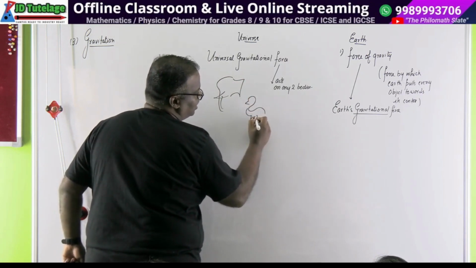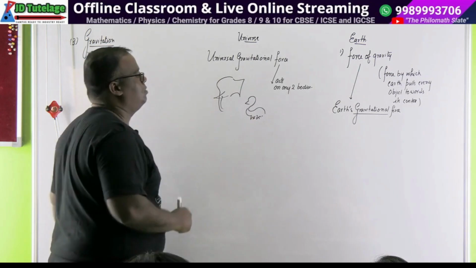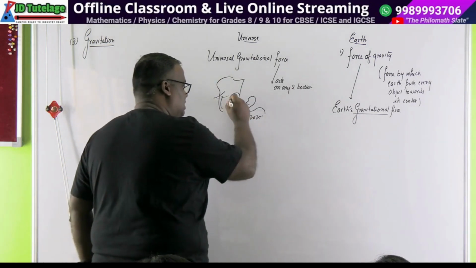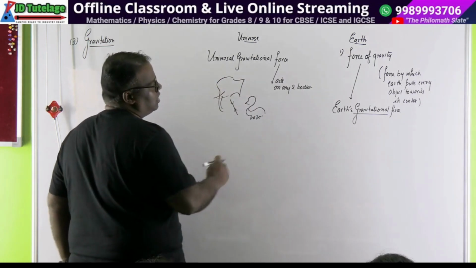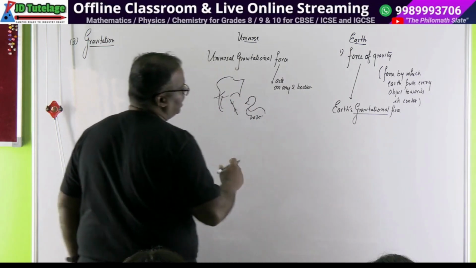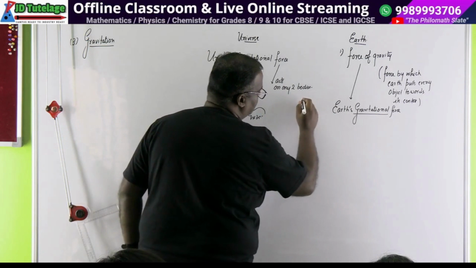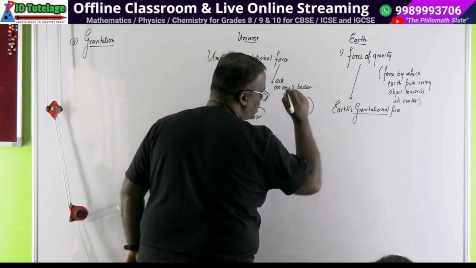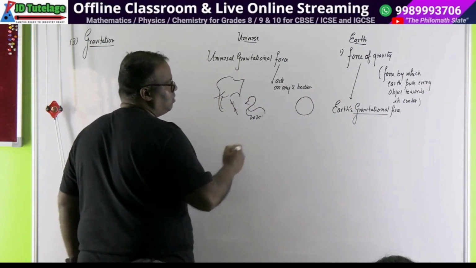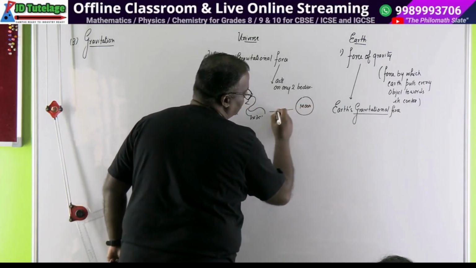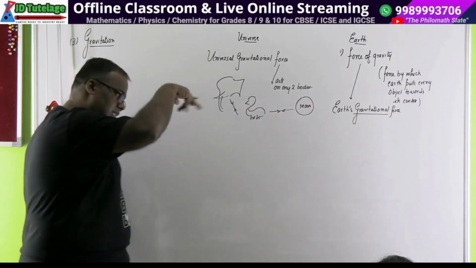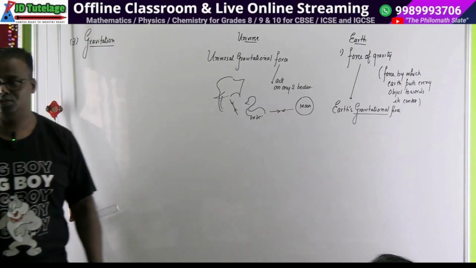Is there a gravitational force between these two? Yes, there is. Then comes the next question: there is a duck and there is the moon shining bright. This is the moon, not the earth. Is there a gravitational force between them? Yes, there is a gravitational force between them.